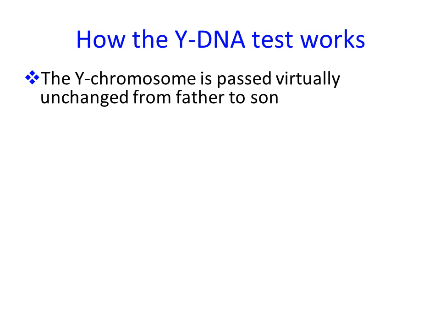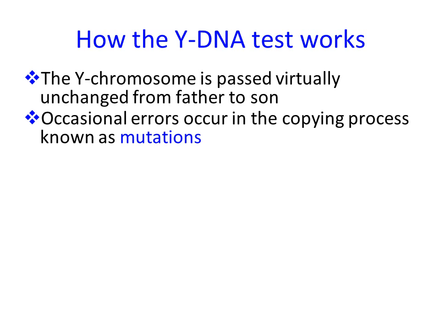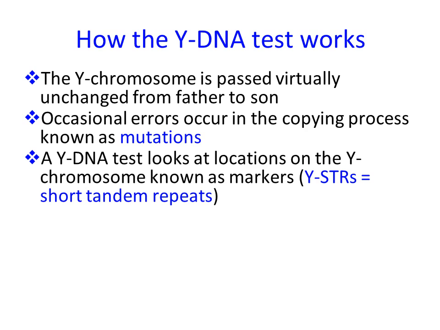So how does the Y-DNA test work? The Y chromosome is passed on virtually unchanged from father to son. But then every now and then you get little mistakes creeping in when the chromosome is passed on from the father to the son. These mistakes are known as mutations. They're like little typos.